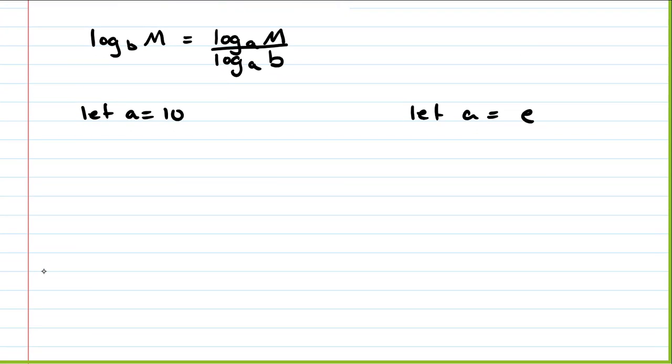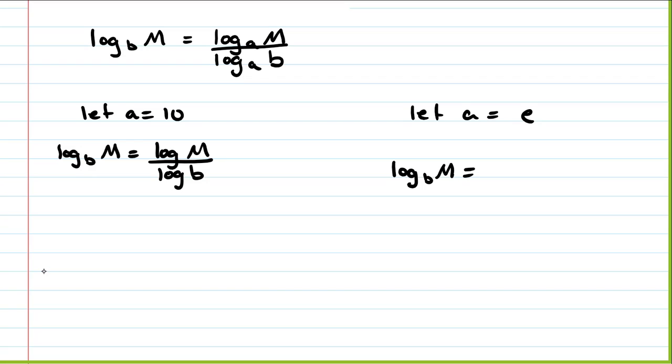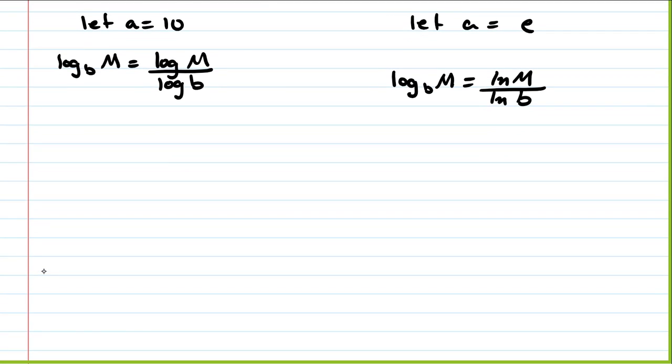If we let a equal 10, we get that the logarithm base b of m is equal to the log of m divided by the log of b. And if we let a equal e, we get that the logarithm base b of m is equal to the natural logarithm of m divided by the natural logarithm of b. So those are helpful because every scientific calculator will always have those two logarithms available for us to use.